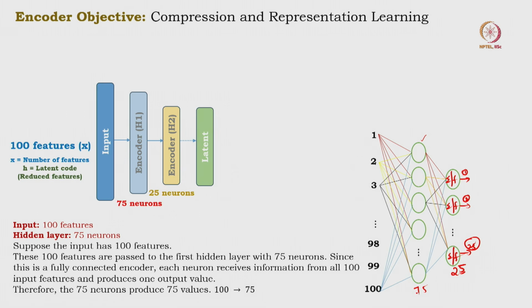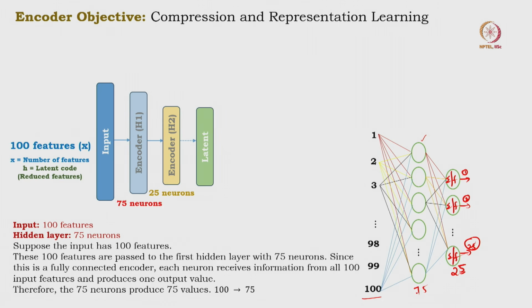So what have we done? Initially we had 100. This 100 is passed to the first hidden layer which had 75, therefore 100 is reduced to 75. Now 75 values are passed to the next hidden layer, which has 25 neurons. From 75 you have compressed down to 25. Does it mean that you have deleted the remaining?